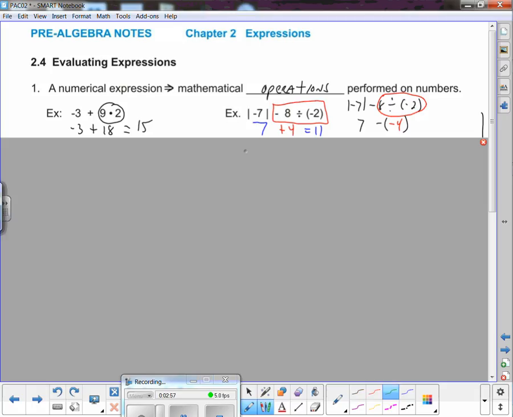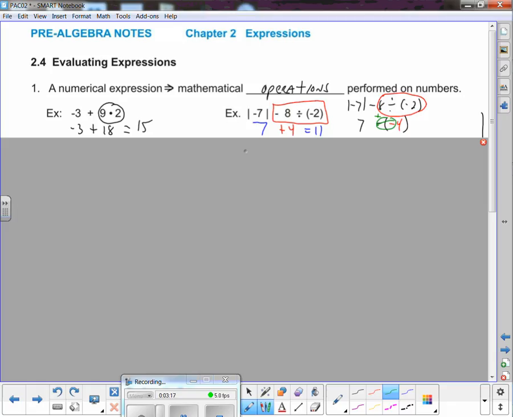You have to still get to 11 because we know minus and minus is a plus. But again, in my brain, I like to just say negative divided by a negative is a positive. I got a +4. If you're careful, you'll end up in the same place.